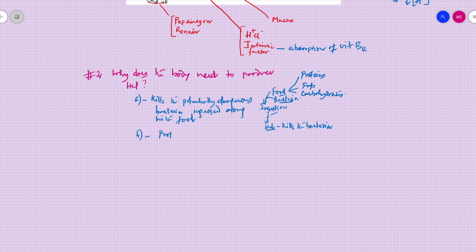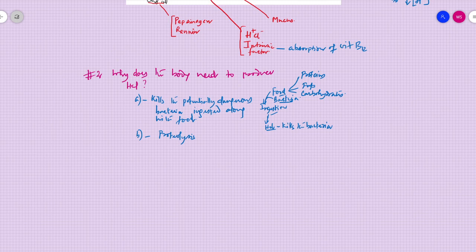So proteolysis takes place. There is some hydrolysis brought about by HCl, and that results in further breakdown of the broken down proteins by pepsinogen.